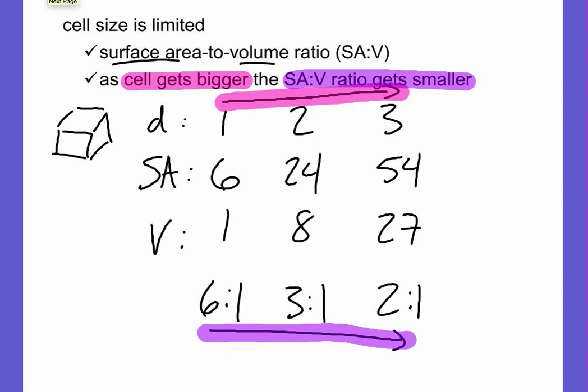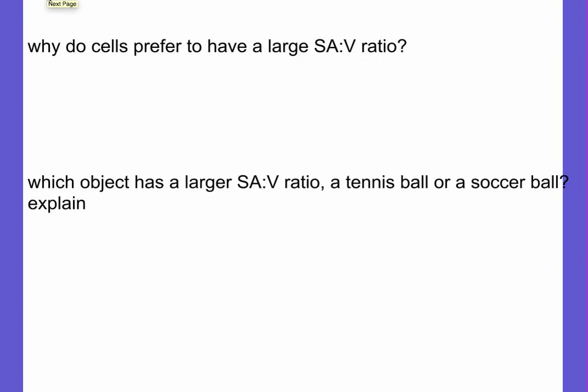Right, so that's going to matter for a couple reasons here. Why do cells prefer to have a large surface area to volume ratio? It's actually a hard question, and it's a hard thing to understand and to explain, but there's a couple different reasons. First of which is that the surface area of the cell is representing that cell membrane.